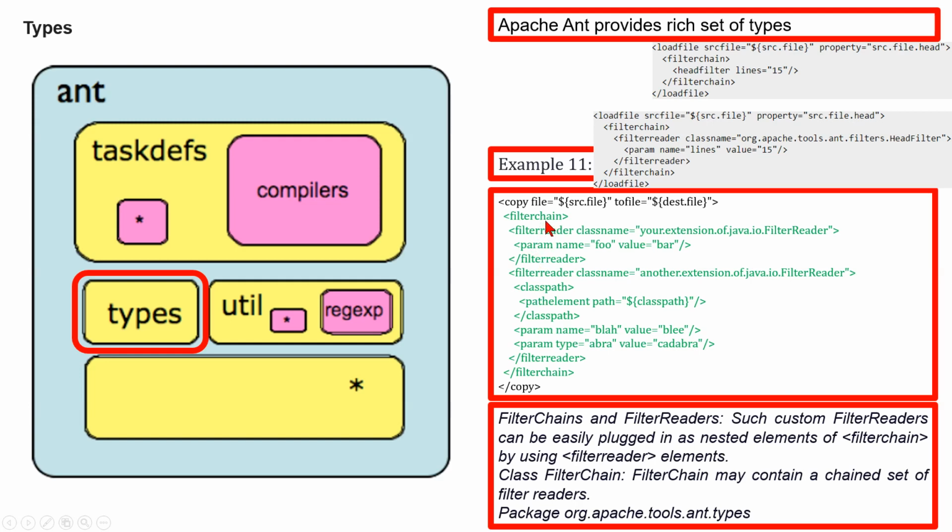This is in the package org.apache.tools.ant.types. A filter chain is a group of ordered filter readers. Users can define their own filters by just extending the java.io.FilterReader class. Such custom filter readers can be easily plugged in as nested elements of filter chain by using filter reader elements.